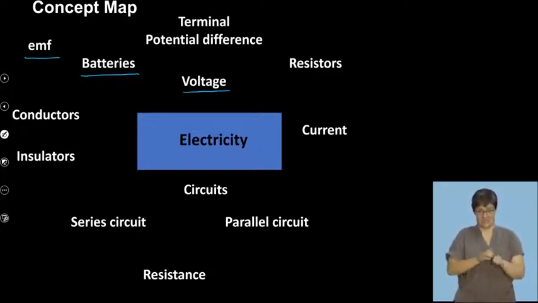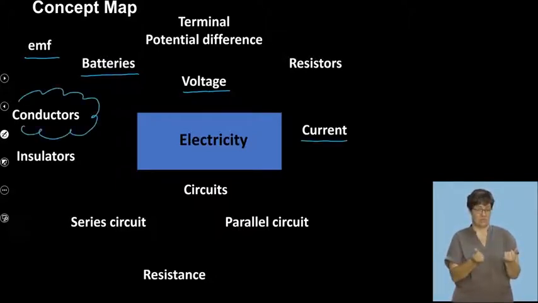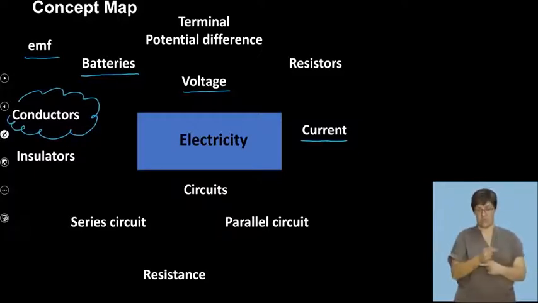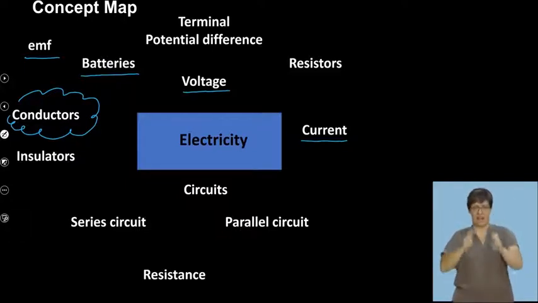Now, as far as current is concerned, we know that current is transmitted through materials which we would describe as conductors. So what are conductors? These are metallic materials that allow charge to move through them. And then insulators will actually do the opposite of conductors. These are the type of materials that do not allow electric charge to move through them.